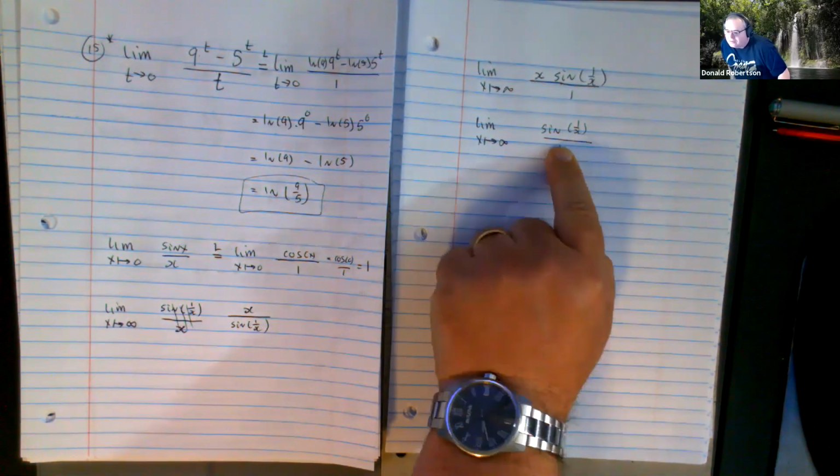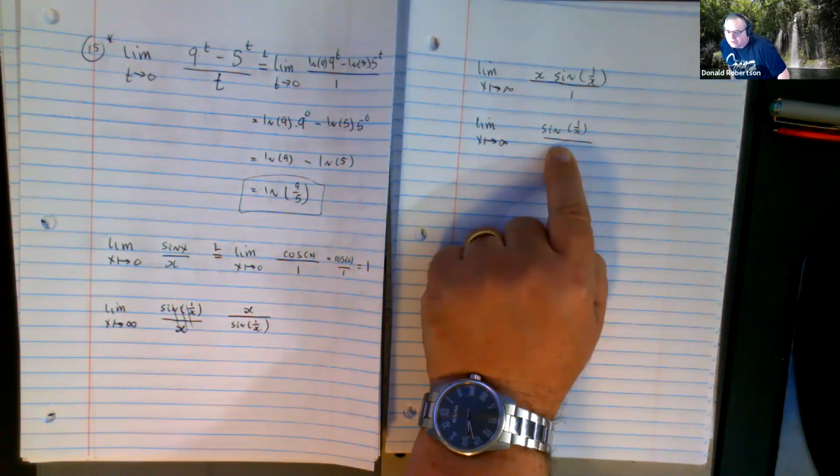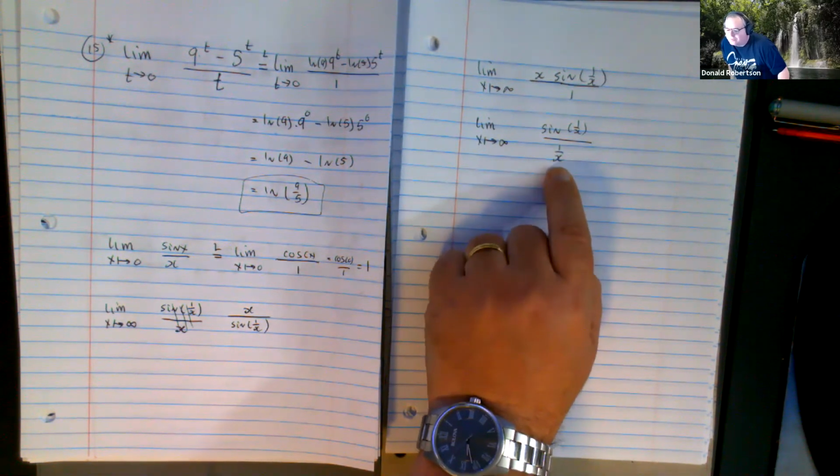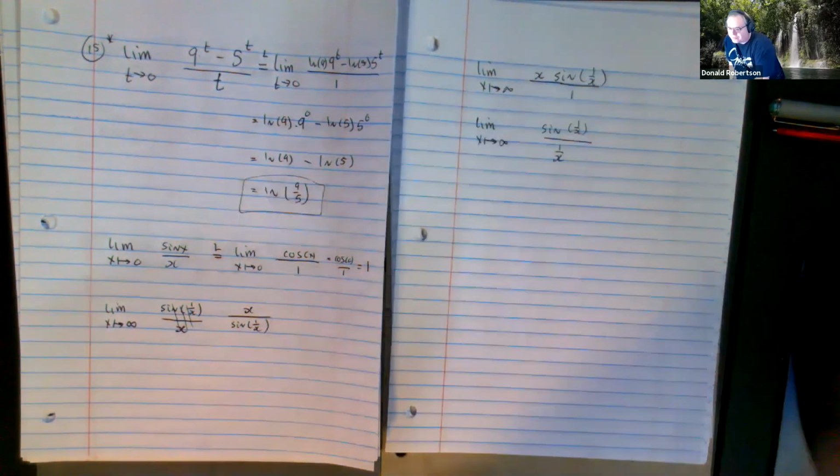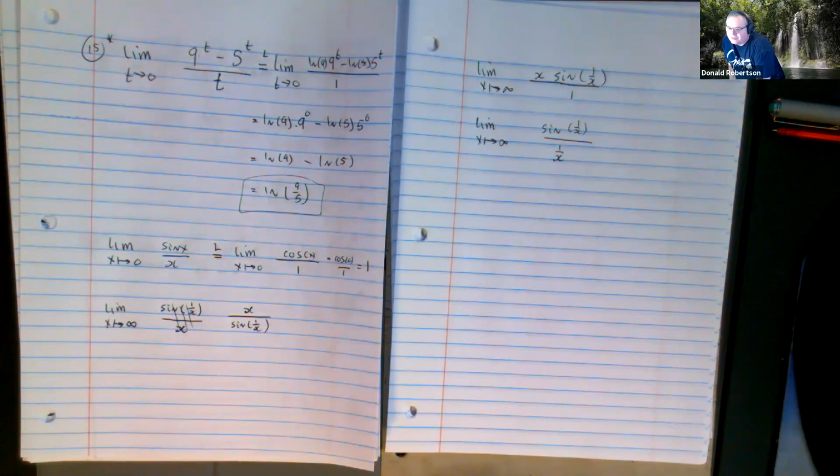What's the sine of 1 over infinity? Well, it's the sine of 0. And the sine of 0 is 0. And what's 1 over infinity? It's also 0. Isn't this 0 over 0? Isn't this a fraction? And it's indeterminate form. Agreed?